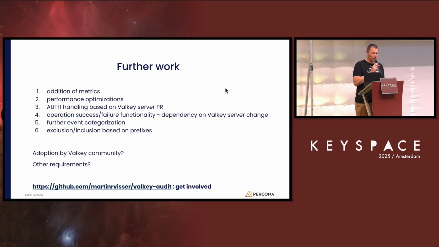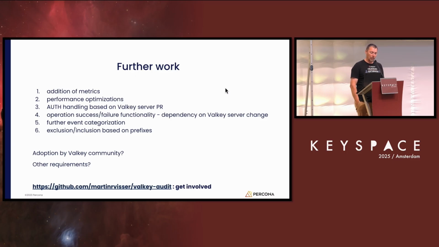So where are we with this? There's the info command that we have in Valkey. We need to add a bunch of metrics to show how it's running, what it's been doing, and how it performs. There's more performance work to do. The auth handling that we talked about is going to be added, to deal with it in the correct way.